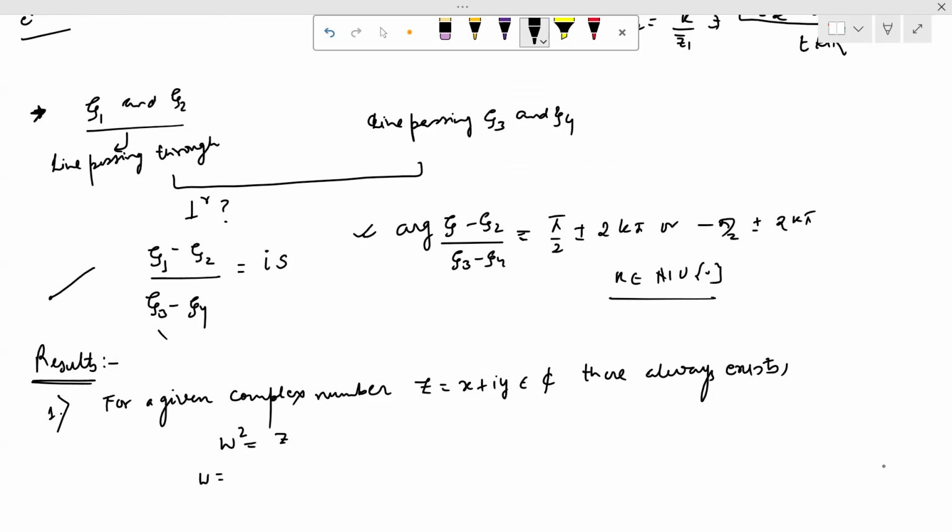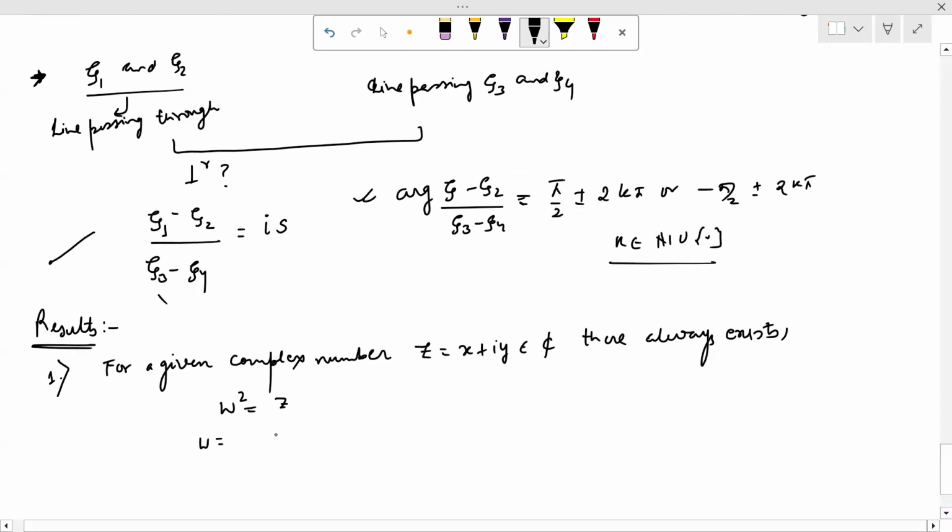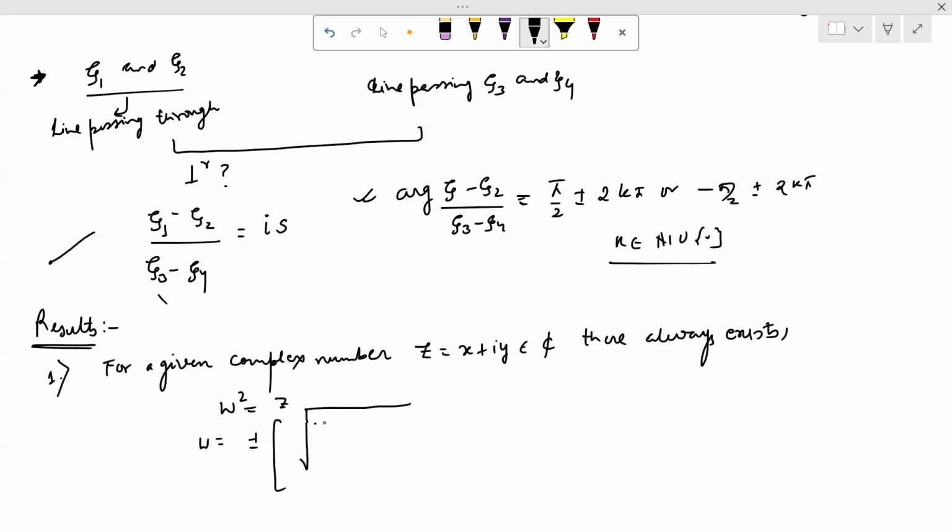This w is given by, I'm not deriving it but just writing it, plus minus root over modulus of z plus x upon 2, plus iota signum y times root over modulus of z minus x upon 2.